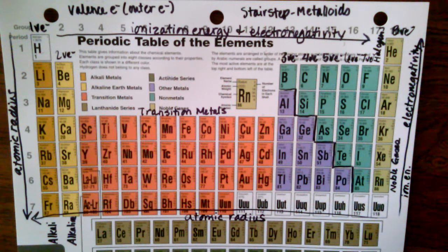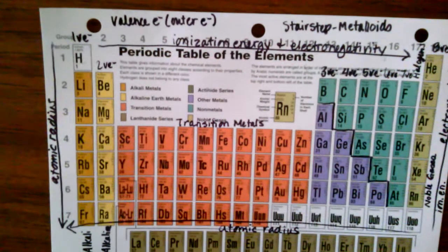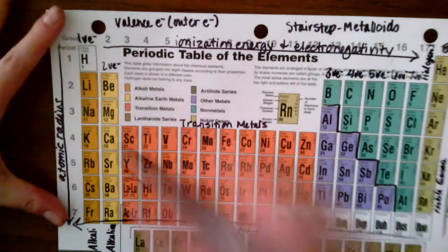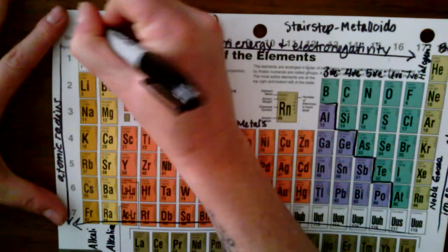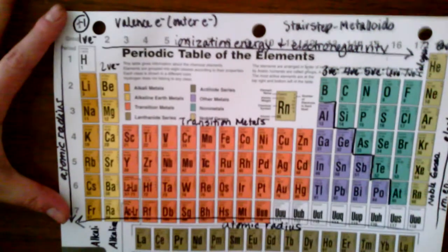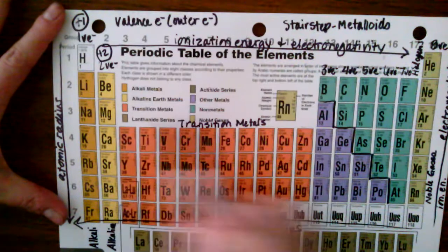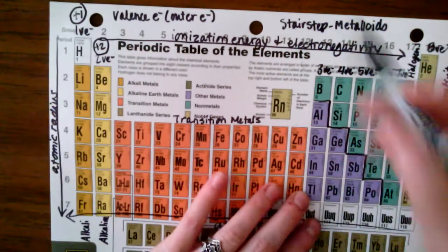Okay, the next thing I'm going to go over are charges. And the charges are going to be used when we start bonding things together. So charges have trends that go along with the groups. So this first group has a positive 1 charge. Okay. Second group has a positive 2 charge. We're going to skip these. Okay.